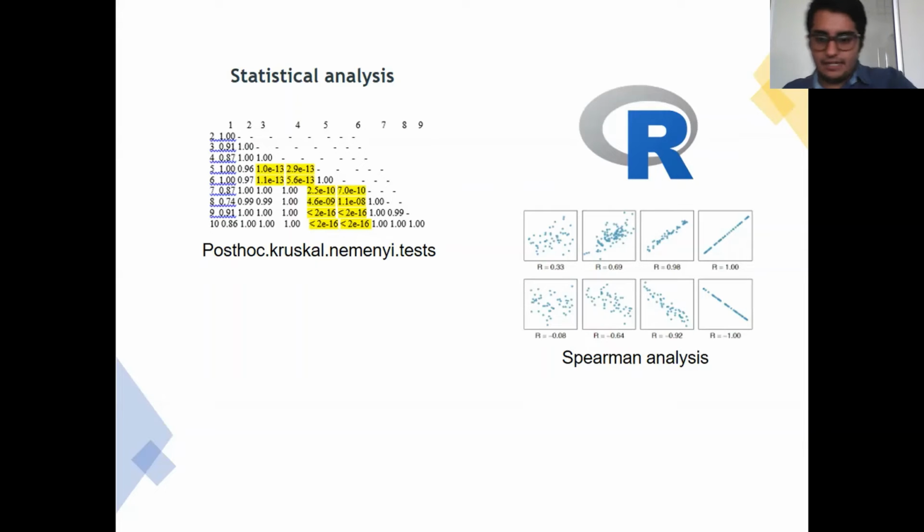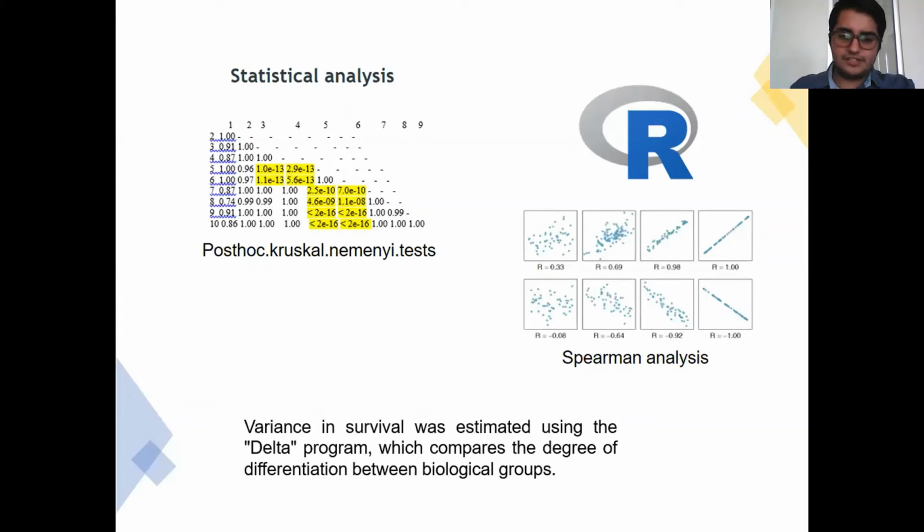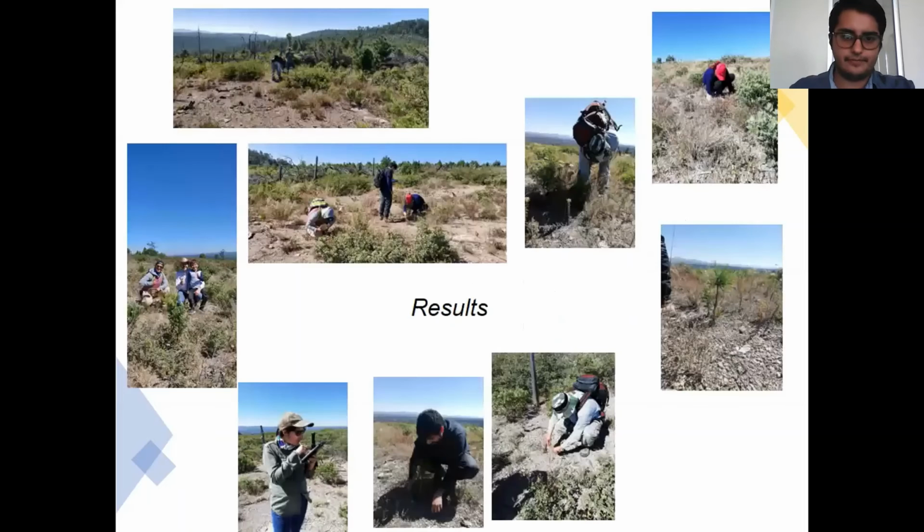After that, we made a Spearman analysis because we want to assess the correlation between stomata density and growth parameters of basal diameter, height to the apical bud, and survival. We also estimate the variance of the survival thanks to a program called Delta, which compares the degree of differentiation between biological groups.